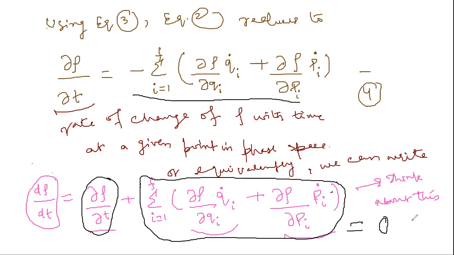So this is equal to 0 and I name it equation 5, right? Let me write it where so that you don't get confused.